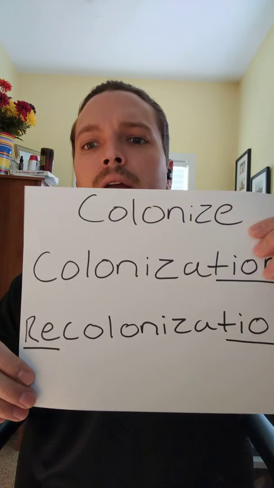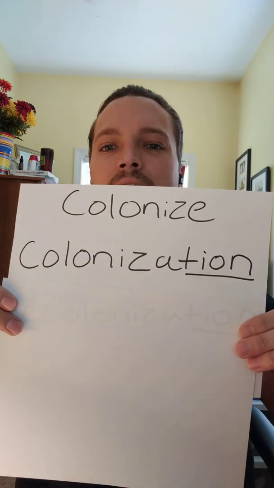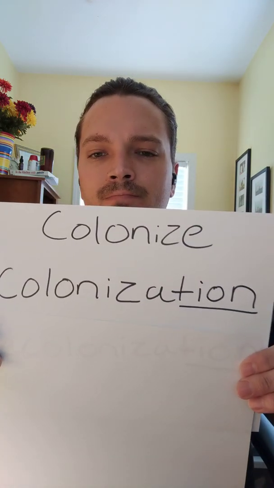Well, to colonize. But it's a little confusing because there's two new parts of the word, right? The re and the shun. Oh, I just kind of revealed a little part of my lesson. It's my fault, I skipped over a little bit. And you look at this word here. Colonization. Right?